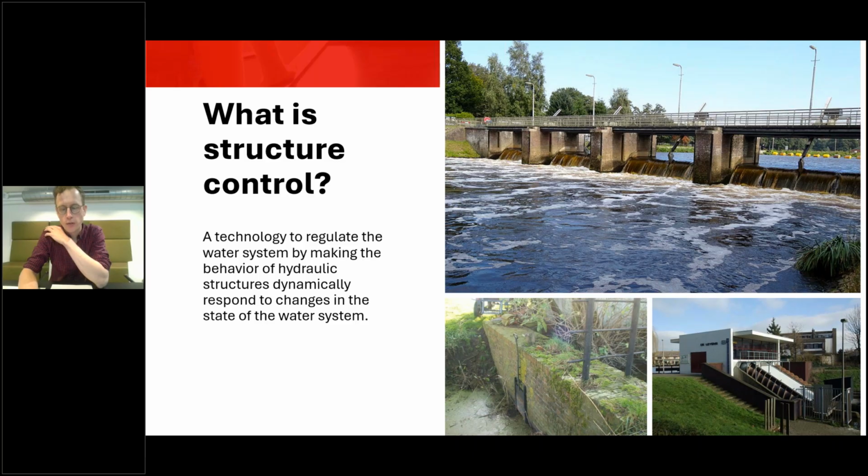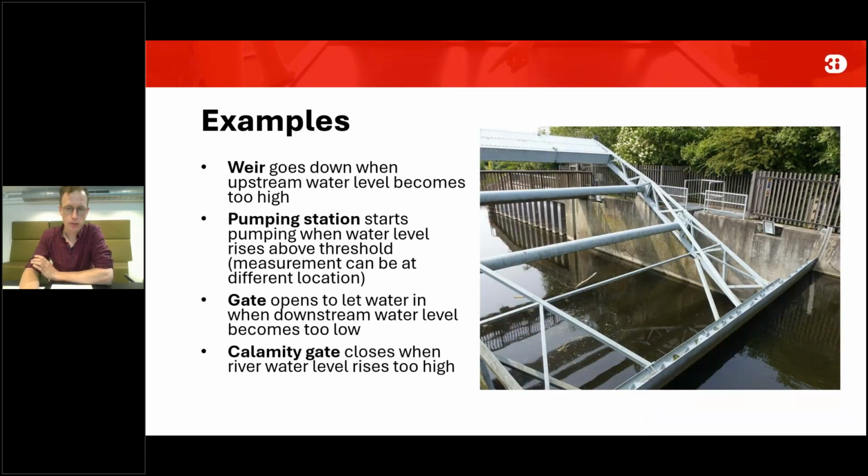A very common example is a pump that you see here in the bottom right corner. Other examples include a weir that goes down when the upstream water level becomes too high, or a gate that opens to let water in when a downstream water level comes too low, or a calamity gate that closes when the river water level or the sea water level comes too high.